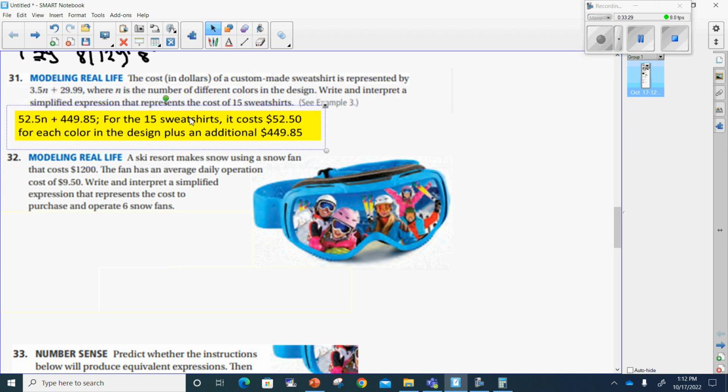And the way they got it, it's just as I said, they took 15, they put it in front because there's 15, they multiplied it by the cost of 1, which is 52.5n plus, let's see, 229.99.